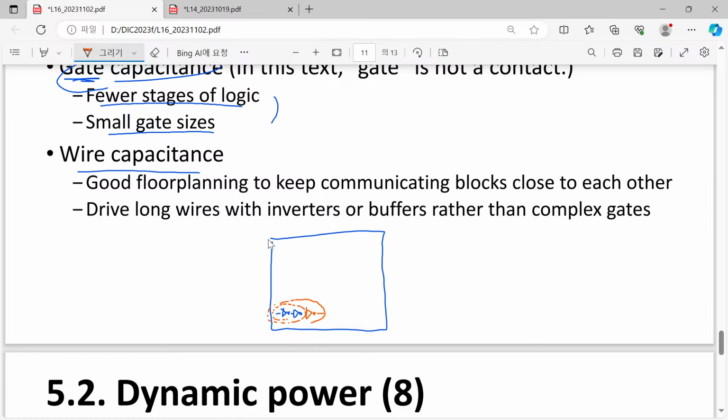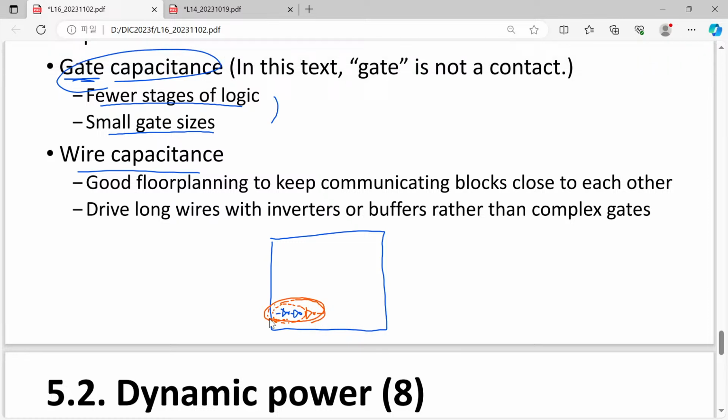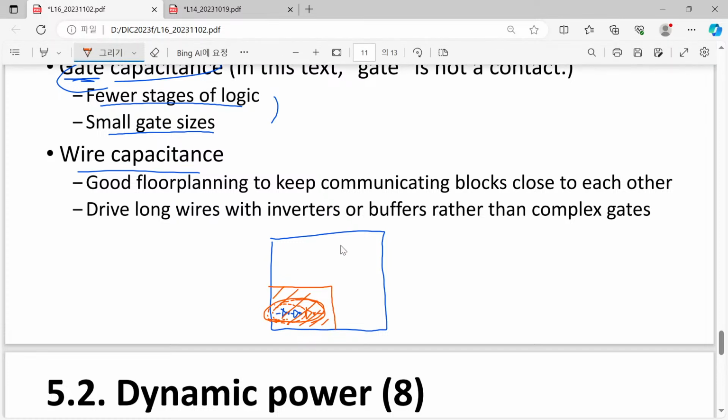However, from the viewpoint of the entire chip, this is quite localized. The point is, here we have a certain functionality, and here we have another functionality performed in our chip.